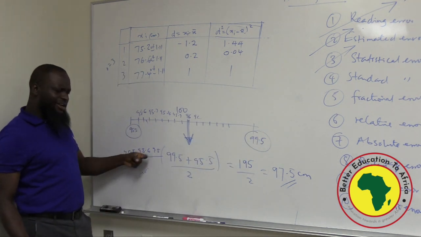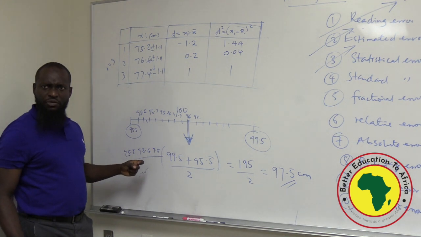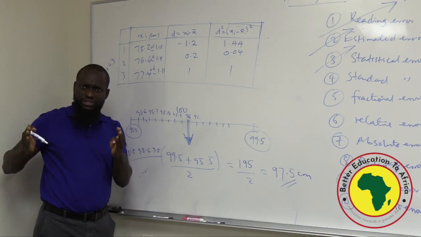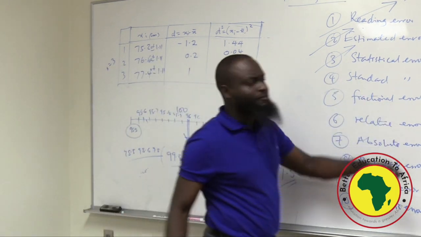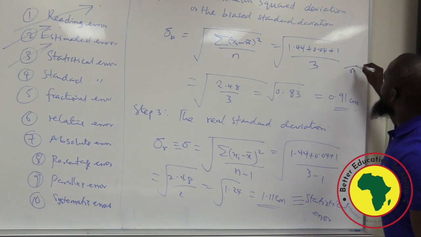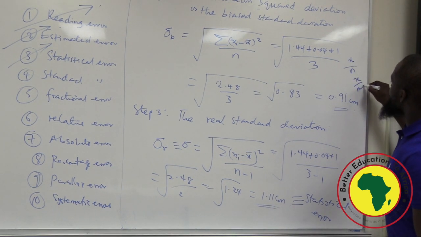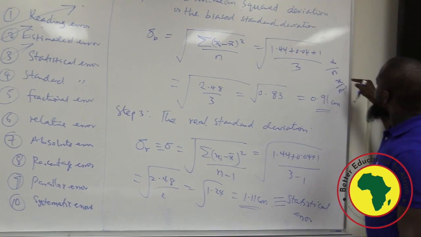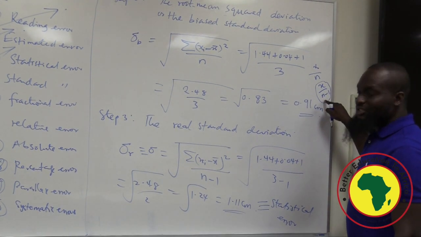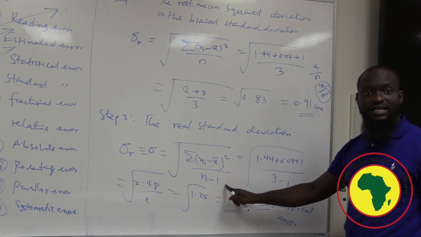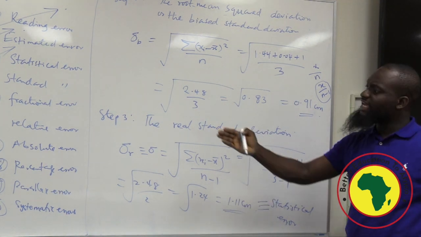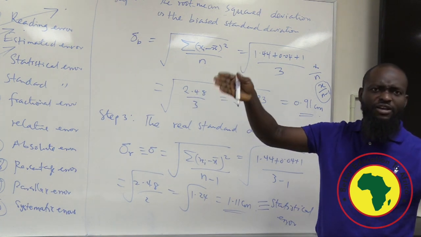Because of this kind of error, we make the error margin larger. That is why this is called bias. The statistical error is the real one. When you divide something by n or by n minus 1, the one divided by n minus 1 is greater because the denominator is smaller. That is why we use n minus 1 as our statistical error: it has a wider margin for our errors, in case your values were not enough.